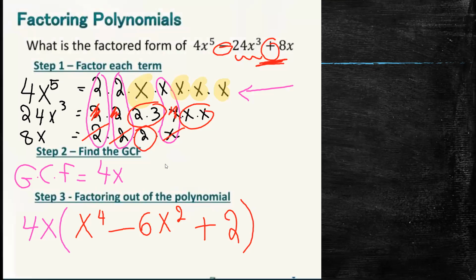Here. Did you see how we can find the GCF? Yeah. This GCF, is it 2 times 2 times x? Yes. This 2 times 2 is 4x.